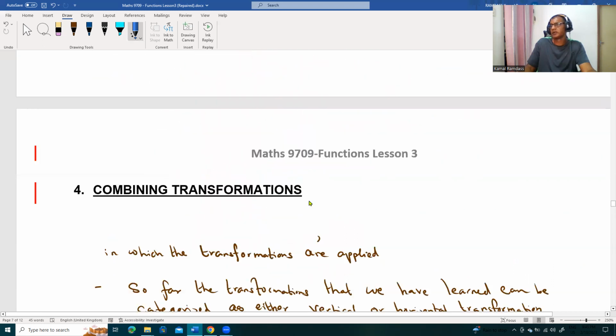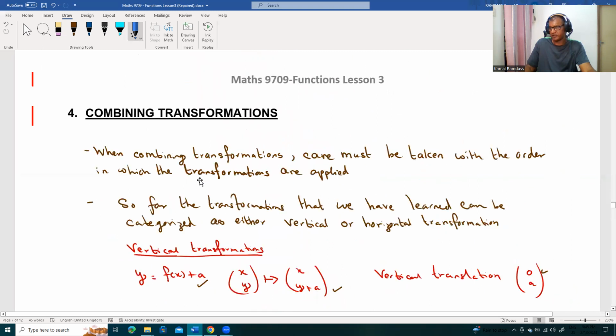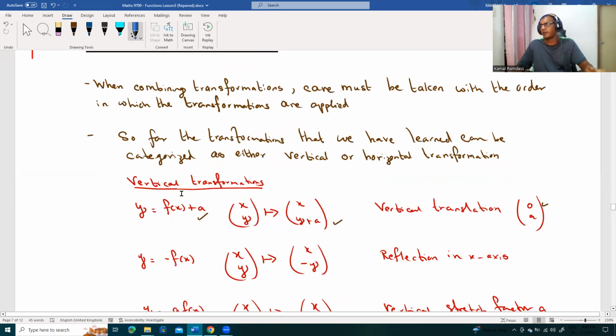OK. Now, combining transformations. We will take the transformations and make a summary. When combining transformations, care must be taken with the order in which the transformations are applied. So far, the transformations that we have learned can be categorized as either vertical or horizontal.